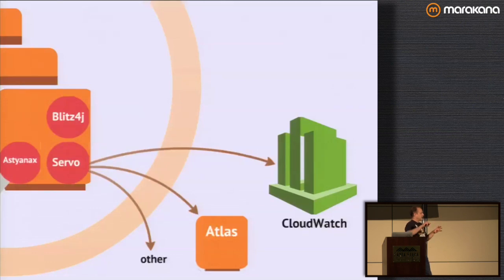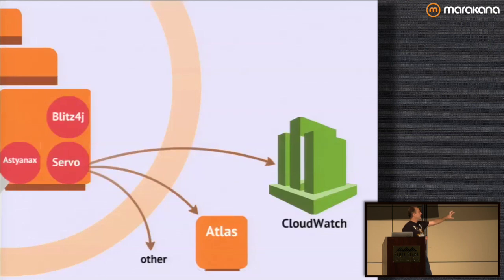Servo is a very useful library which works with Java annotations again. It lets you annotate things that you want to be monitored, metrics and behavior of things that are going on in your application. You can annotate with Servo. It exposes all those values, those metrics, through JMX, and then they can be pushed out to other services. So the version that's in the open source project can push all the metrics to CloudWatch.